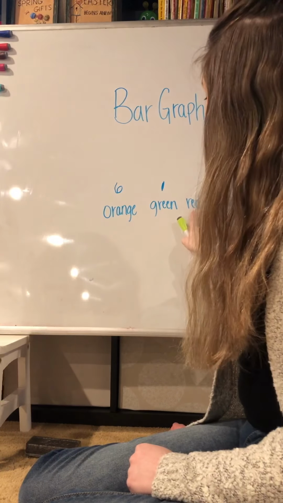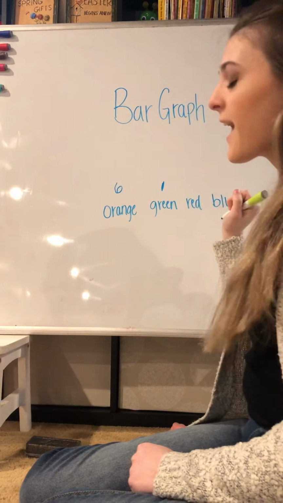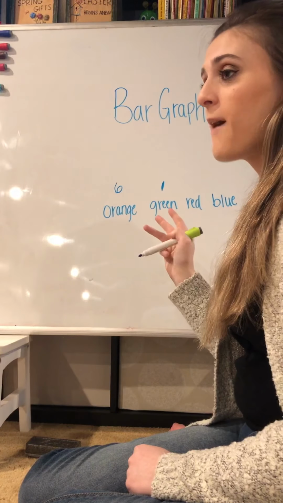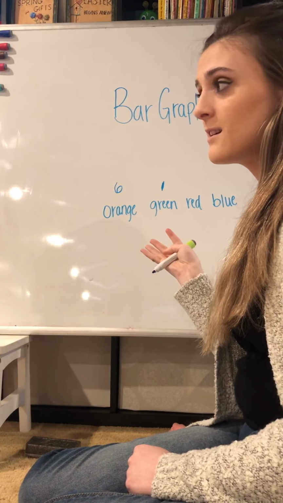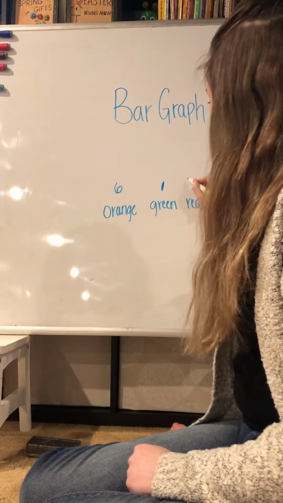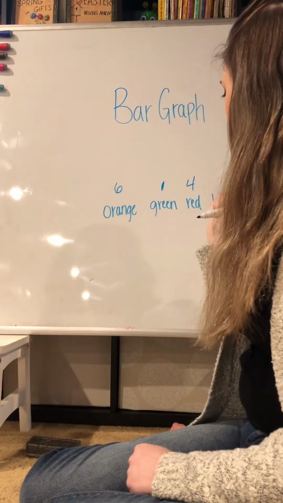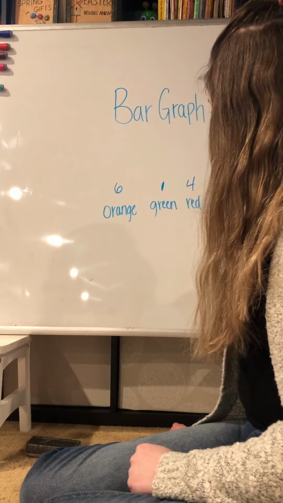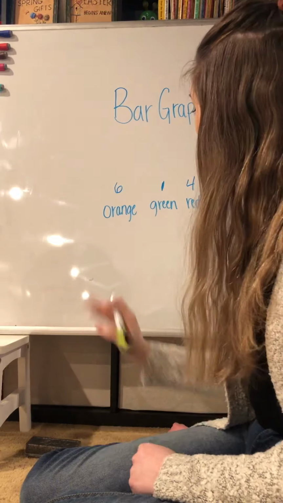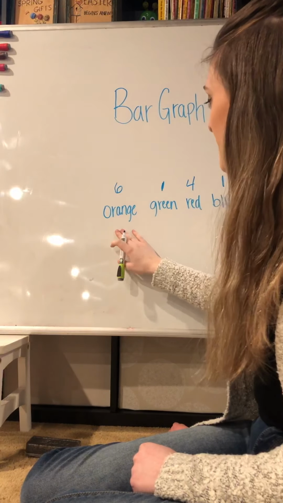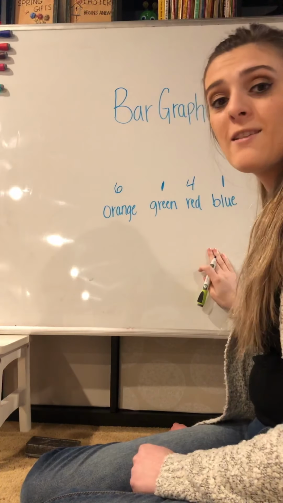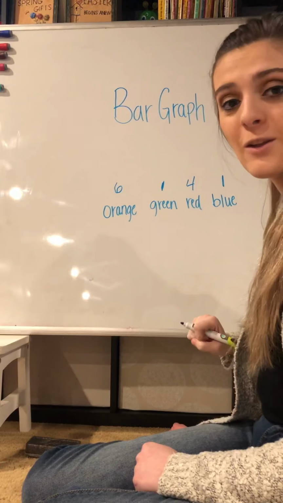And then red, I know that I have 3 apples, a pack of raspberries. I think that might be all. So I have 4 red things. And then I have 1 pack of blueberries upstairs. So I'm going to take my data that I have collected, and we are going to make a vertical bar graph.